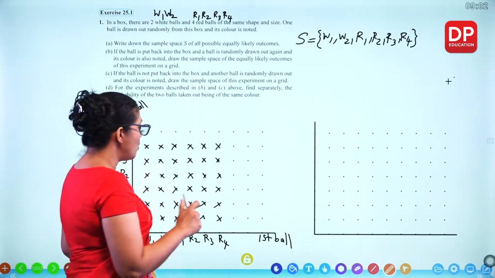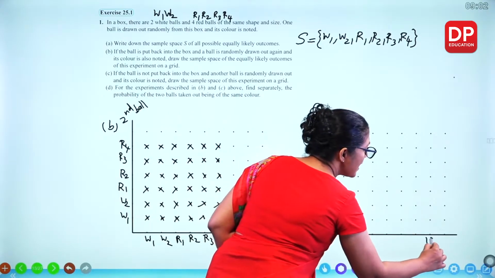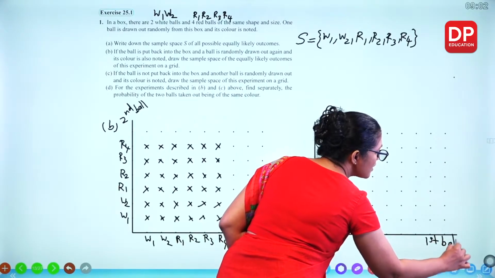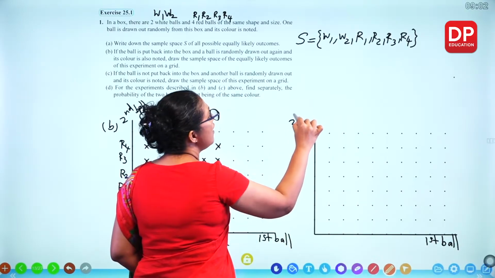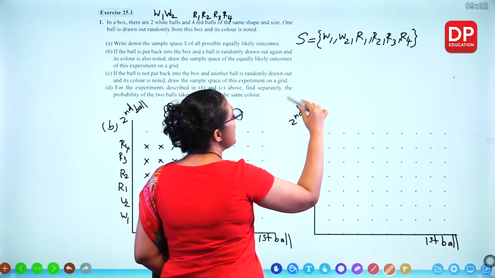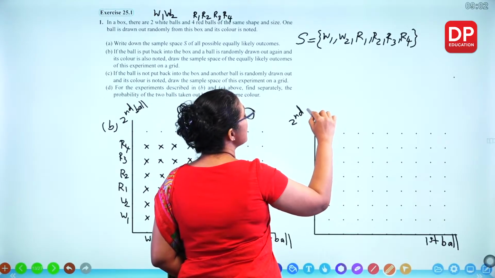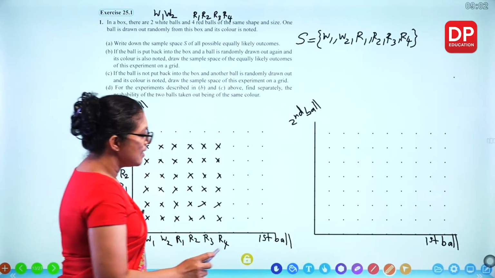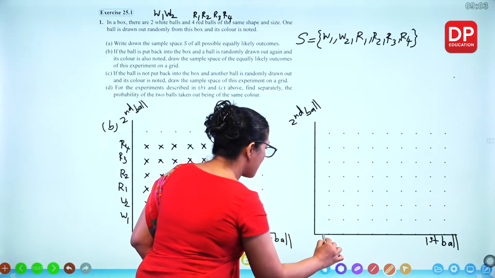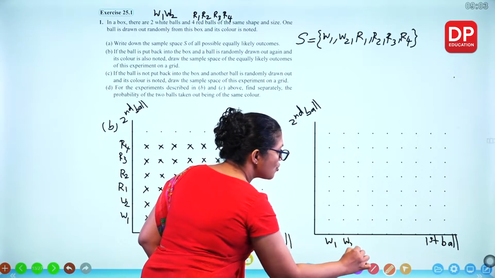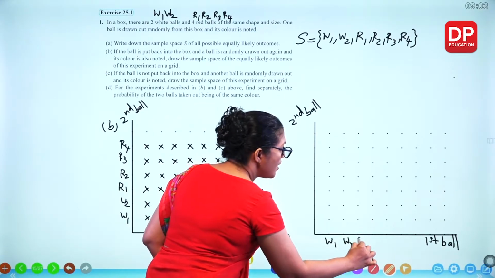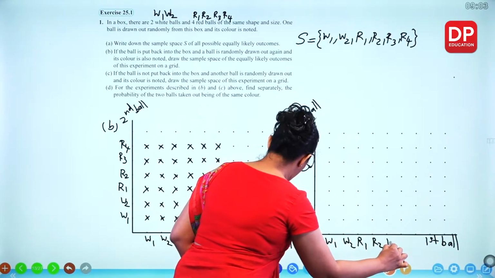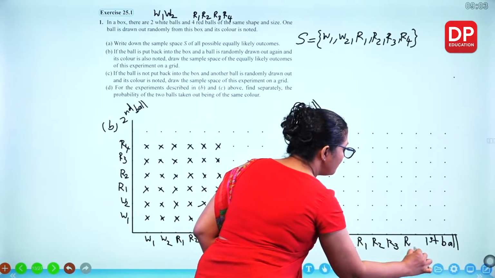When you are doing the dependent case, you are not getting the main diagonal terms. Second ball, same axis. Here you can mark the same colors: W1, W2, R1, R2, R3 and R4.